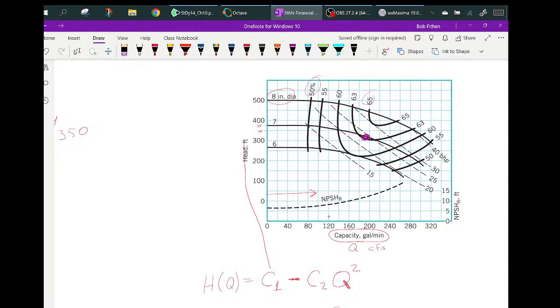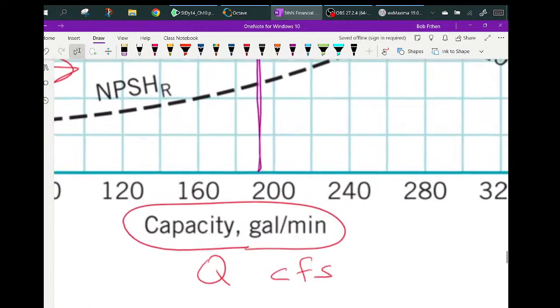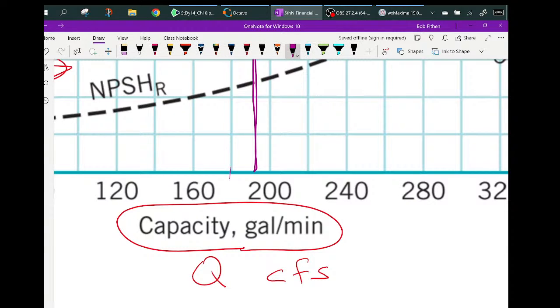So if I look back, I'm concerned about the 7. What I'm going to do is look at this, and that's going to be my second operation point. So what does that mean? Looks like it's 180, looks like that's about 170, and it's about 192 gallons per minute.